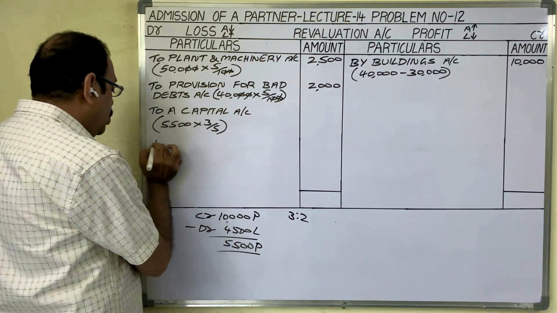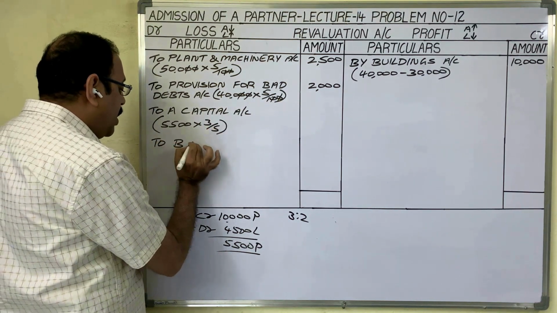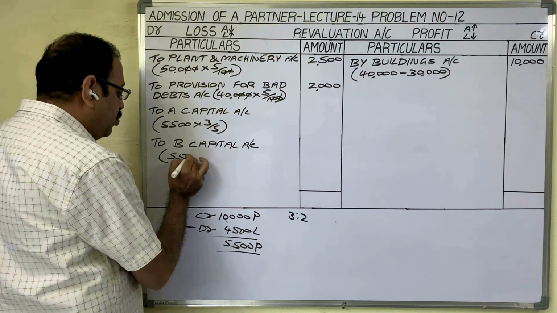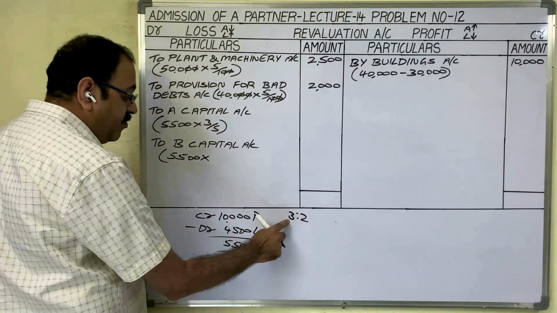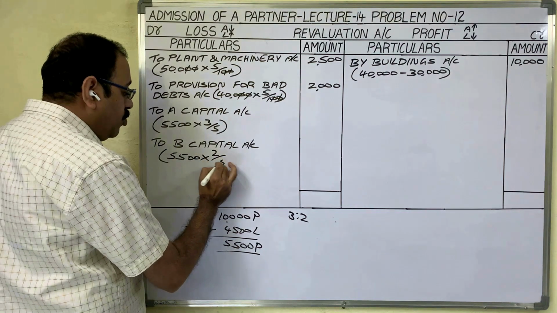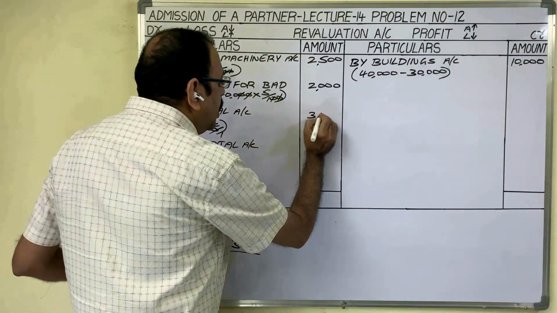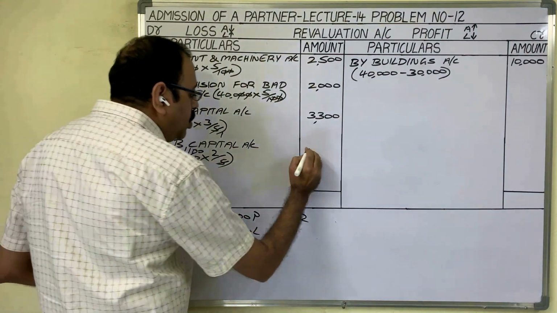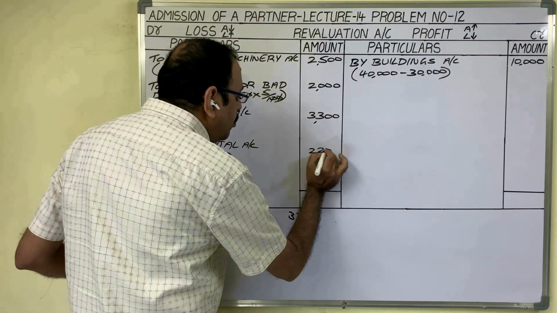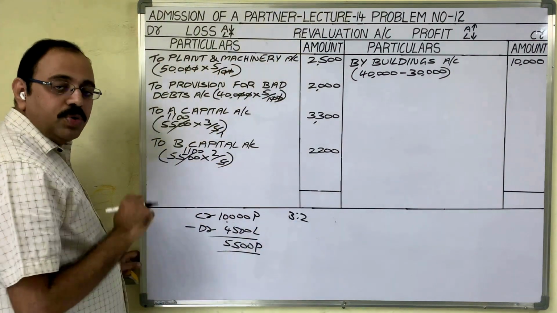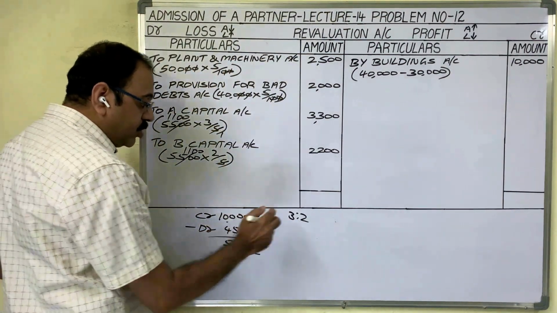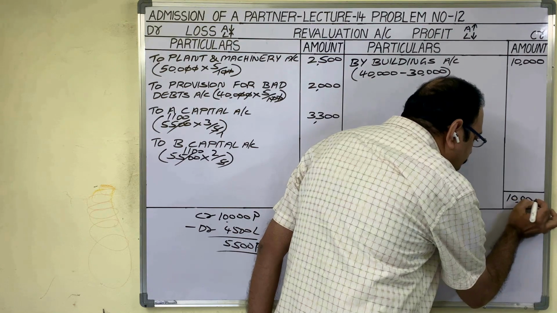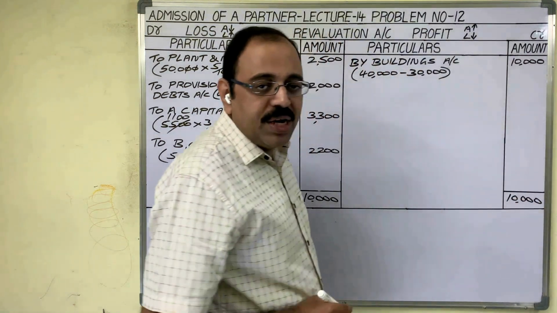To B's capital, 2/5 of this profit amount we should transfer to B. 3,300 for the first partner, 2,200 for the second partner. Now on the two sides put the totals. 10,000 rupees. With this, the revaluation account is completed.